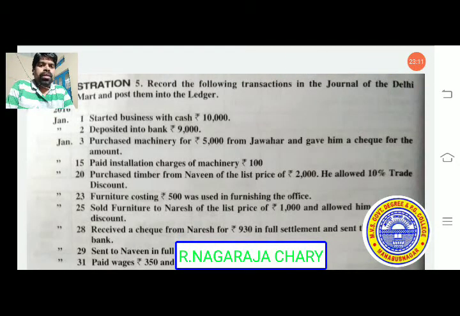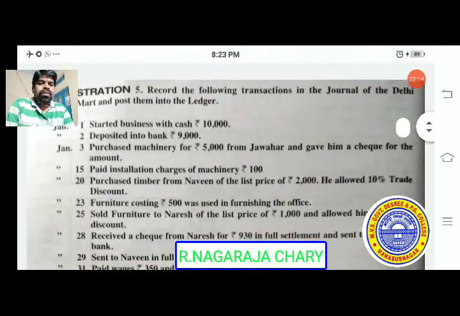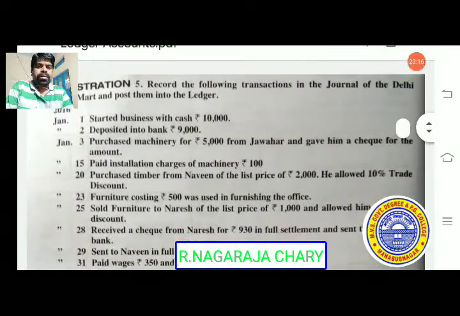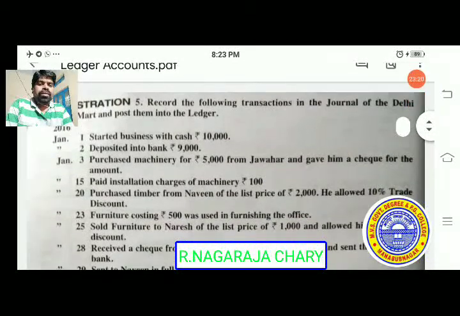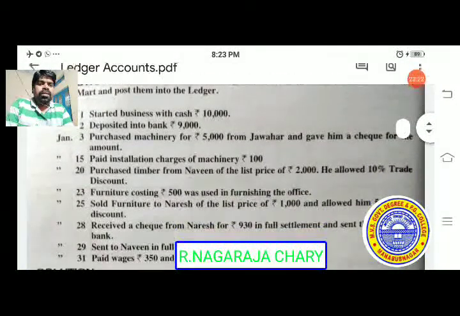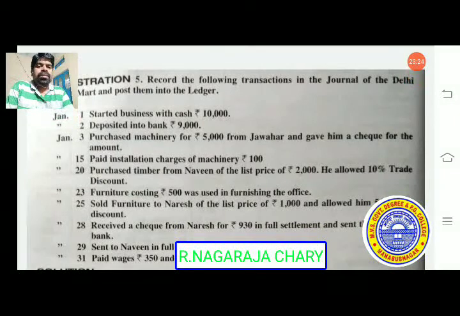On 2016 January 1st, started business with cash of 10,000 rupees. On second, deposited into bank 9,000 rupees. So, business started with 10,000 cash, and 9,000 is deposited into bank.